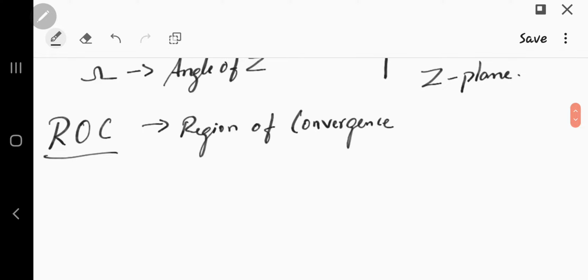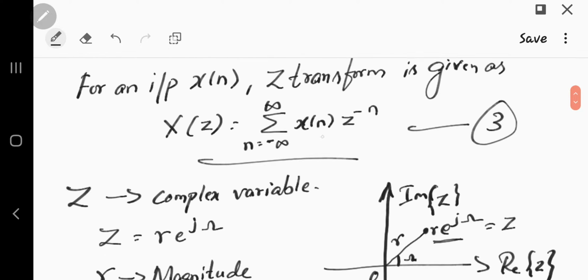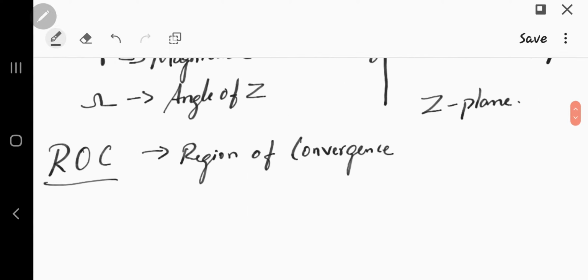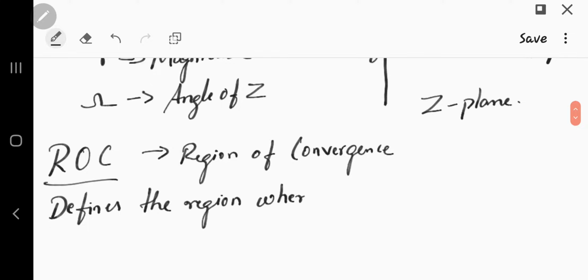If you observe this equation 3, the region of convergence defines the region where Z transform exists. ROC means the region of convergence defines the region where Z transform exists.